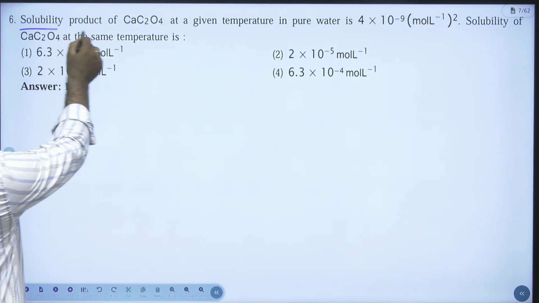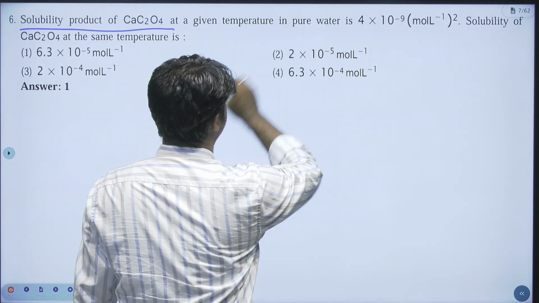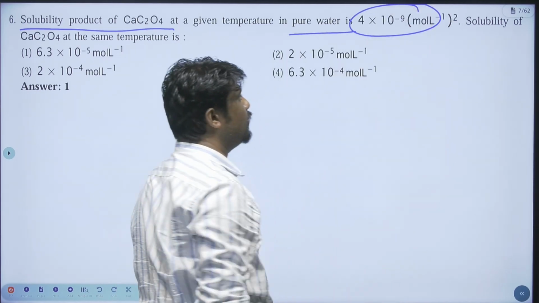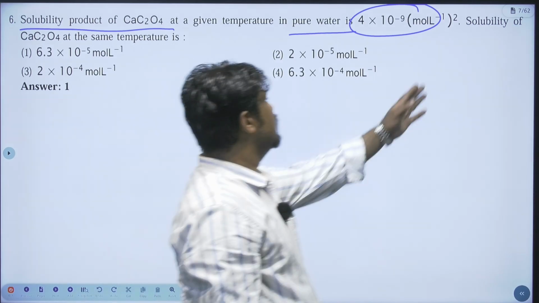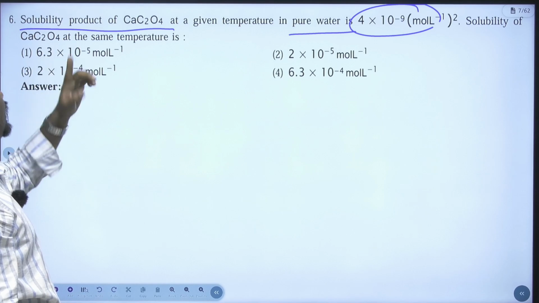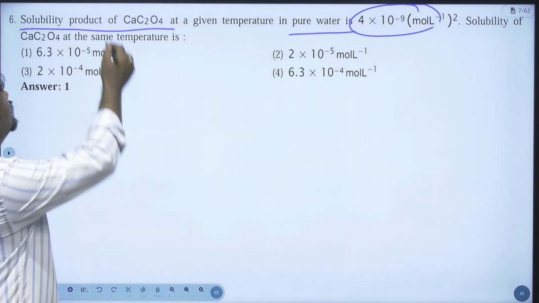The solubility product of CaC2O4 at a given temperature in pure water is 4 into 10 to the power of -9 units. So we need to find out the solubility of CaC2O4 at the same temperature.